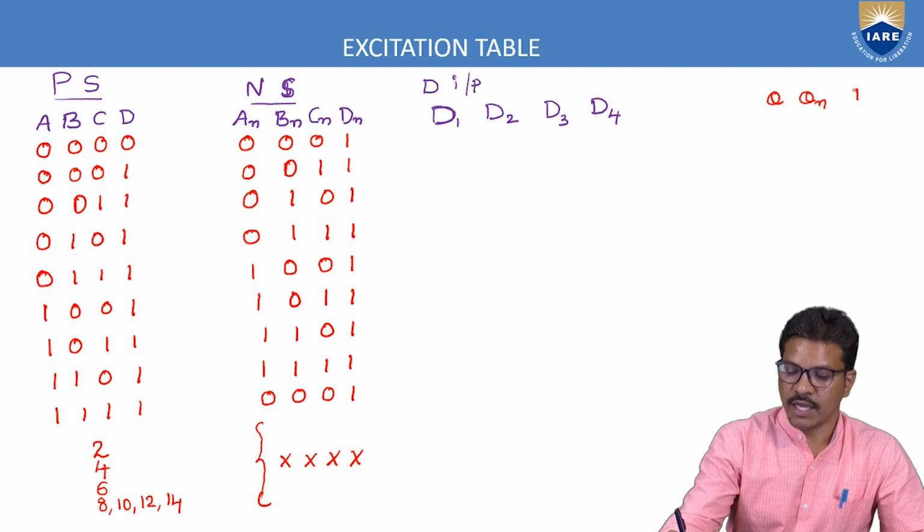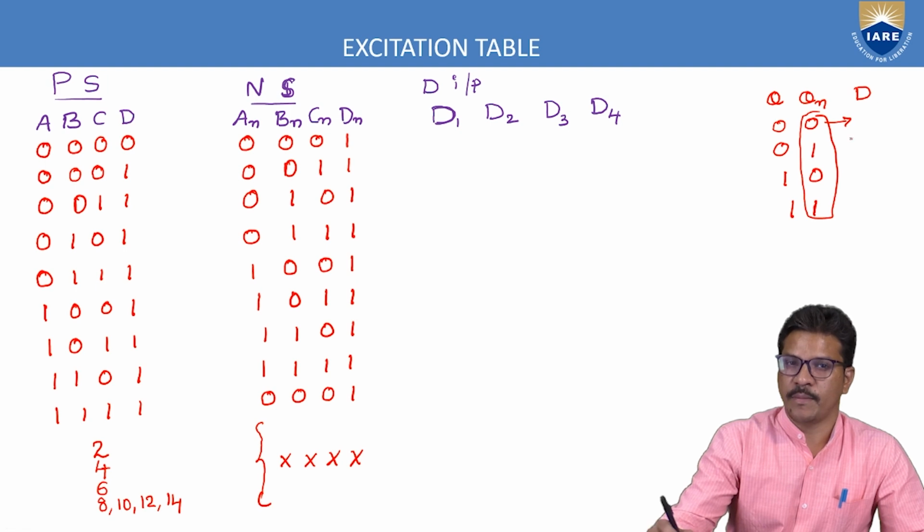If present state is 0, next state 0; present state 0, next state 1; present state 1, next state 0; present state 1, next state 1. In this case, we just copy the next state, because whatever the D input is just gets copied to the D flip-flop output. So 0, 1, 0, 1.